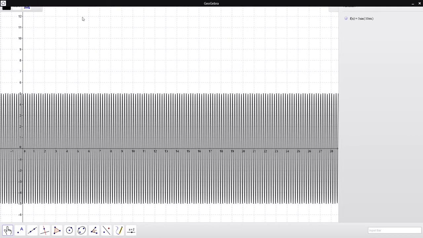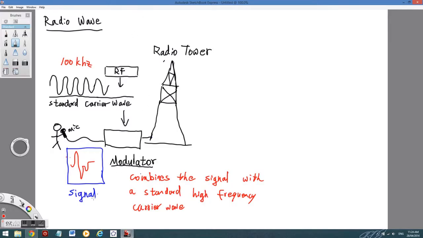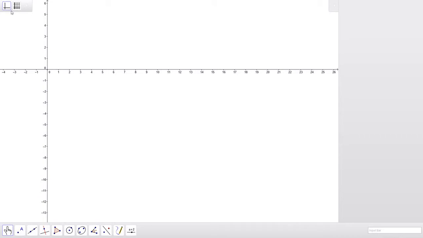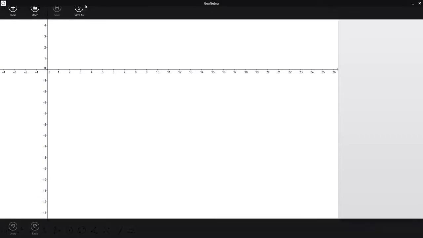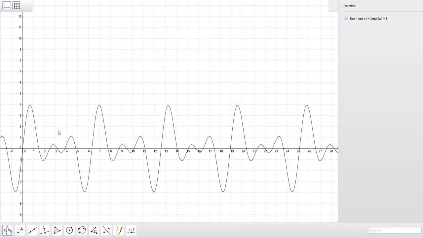Now have a look at this. Actually, I'll show you what's happening there. Now have a look at a signal wave. Say I generated this irregular random wave. Say this is a signal wave.